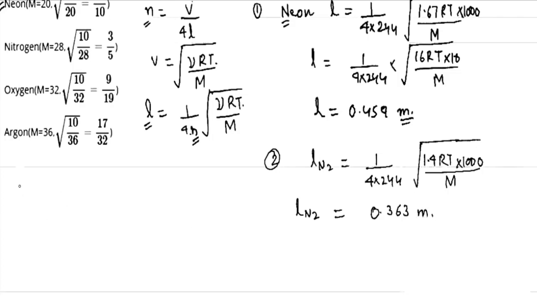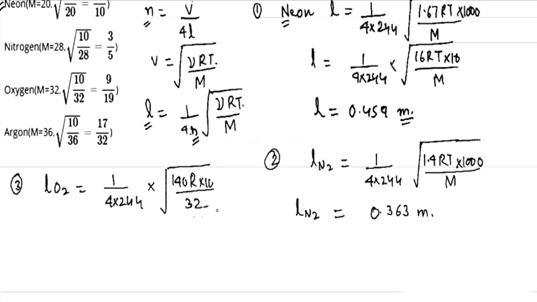Now let's try to find out for oxygen. So the minimum length for oxygen, with the same formula, we are going to use 4 into 244 into, now oxygen is also a diatomic gas, so we will have 1.4 RT into 10 divided by the molecular mass of oxygen, which is 32.